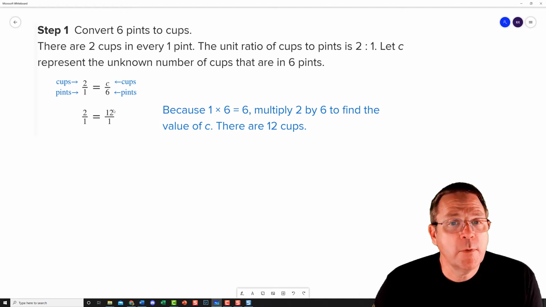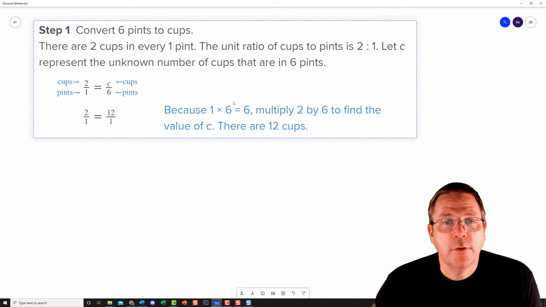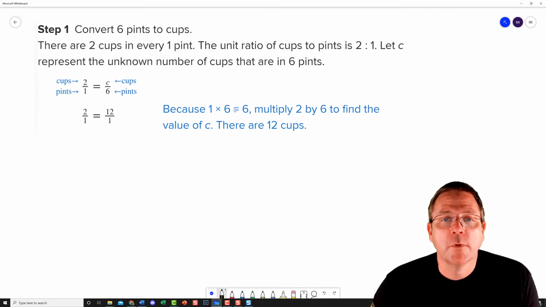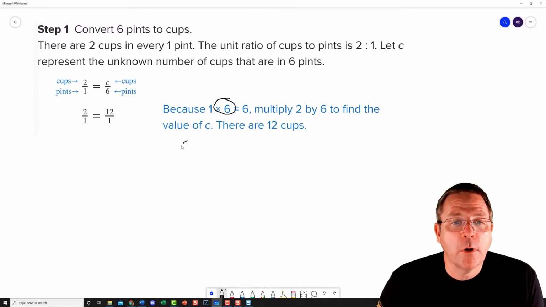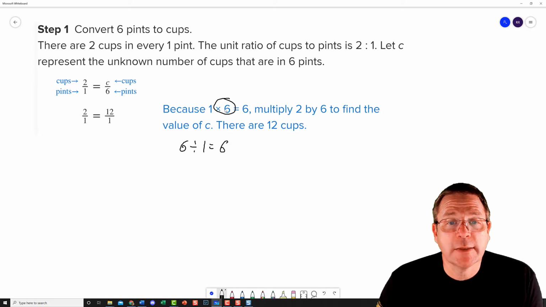Well, the first thing we need to do is convert this right here, and we need to ask ourselves 1 times what is equal to 6. And you have that located right here. Now you could have also done that like we did before, where 6 divided by 1 is equal to 6, which in turn gave us that 6 right there.